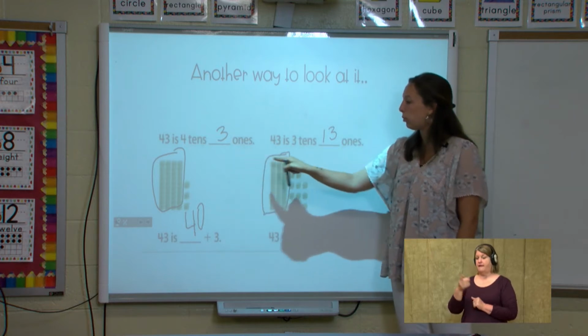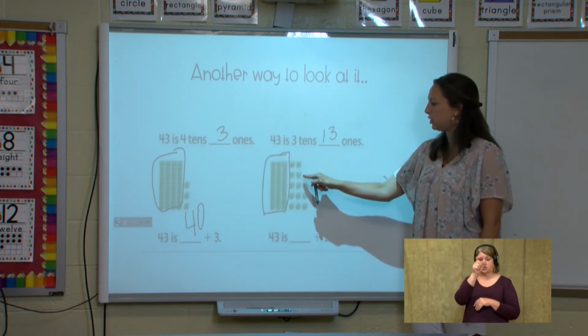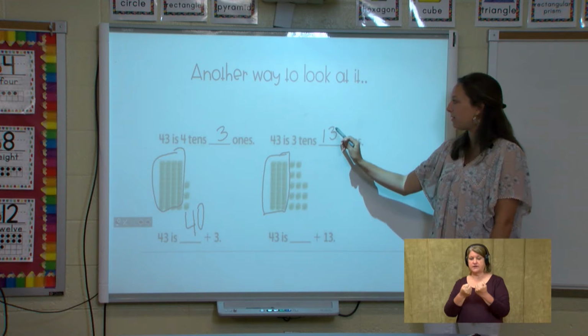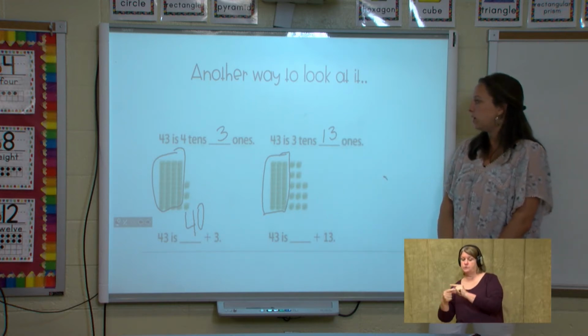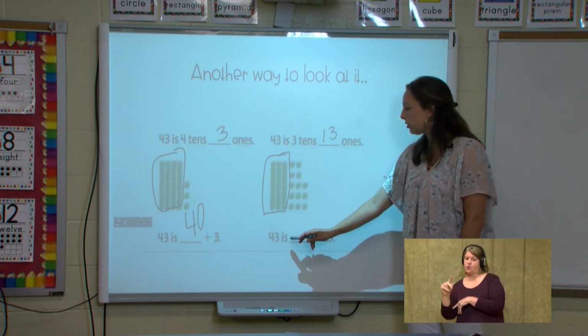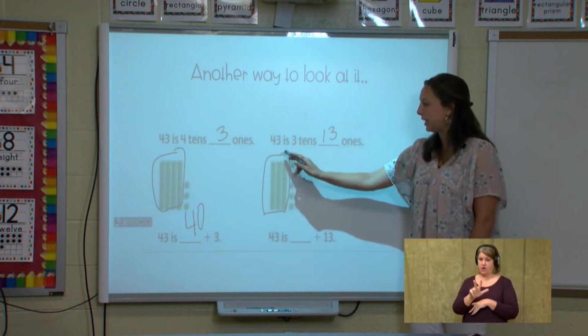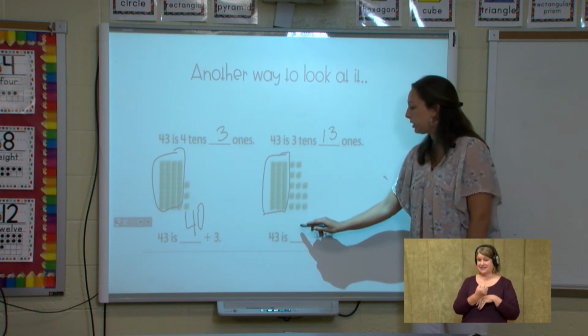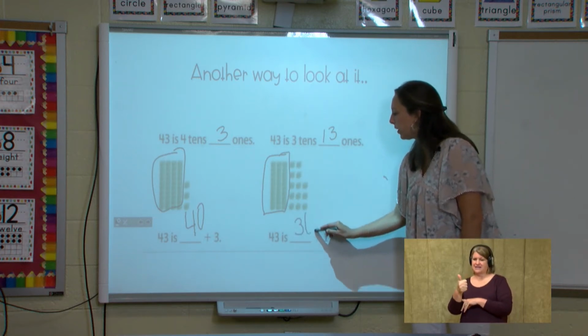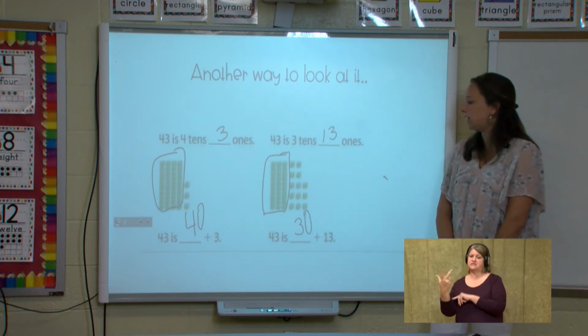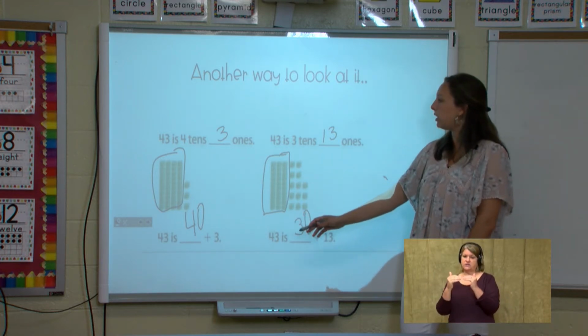They took a rod and separated it into cubes, and now we have 13 ones. So, 43 is how many tens? 3 tens, so that equals 30 plus 13 equals 43.